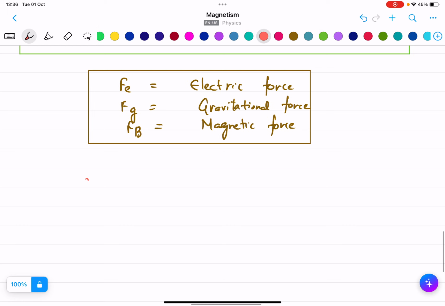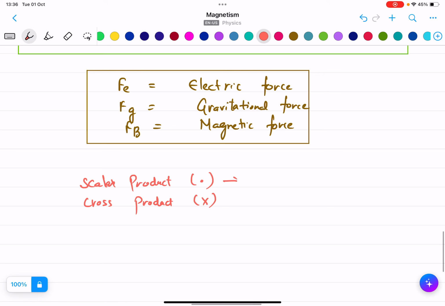The scalar product is represented by a dot, and the cross product is represented by a cross. So scalar product means A dot B equals AB cos theta, and cross product means A cross B equals AB sine theta, right?